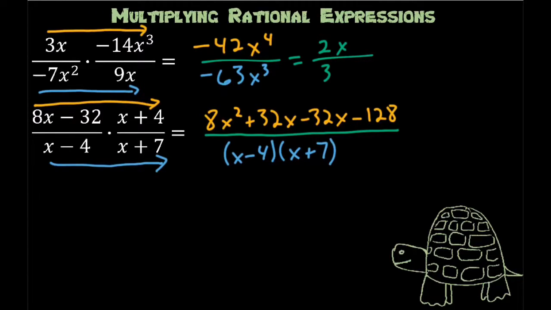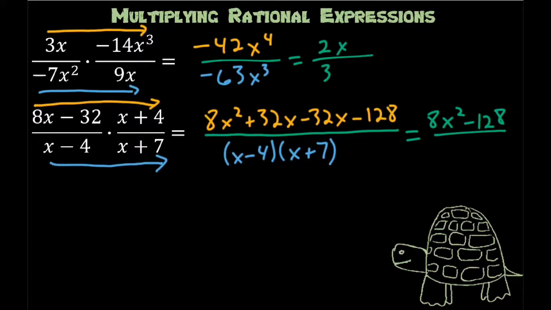Because sometimes when we simplify the numerator, we can then just factor something from the bottom and cancel those out. In the numerator there, we're going to have 8x squared. And then this positive 32x and negative 32x, those make 0. And then we have minus 128.